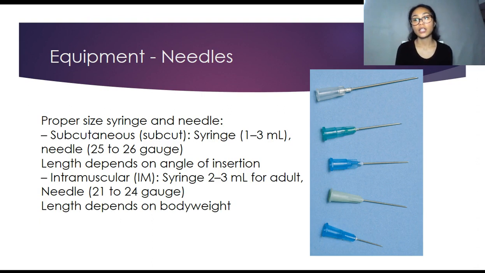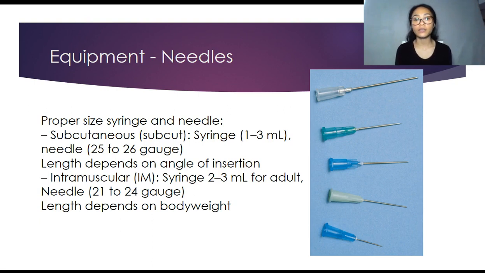So we try to use the smallest gauge appropriate for the type of tissue that we're going into, and we try to use the shortest length that again is most appropriate in order to inject into the type of tissue. So with subcutaneous needles that we attach onto a syringe of an appropriate size, that needle should be either a 25 or 26 gauge needle, so it's very thin in diameter, and that length really depends on the angle of insertion and the patient that we have.